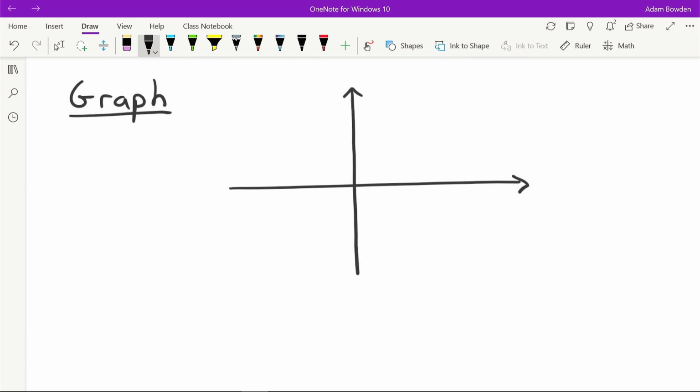Let's try to see what kind of graph we get out of all this stuff here. Going back to the very beginning, we talked about how there's a horizontal asymptote at y equals 0. We also had no x-intercepts, but we do have a y-intercept at y equals 1. Also, we talked about inflection points and local max and min. It actually has a local maximum at the point 0 comma 1.